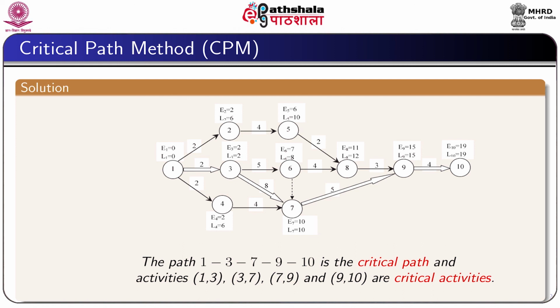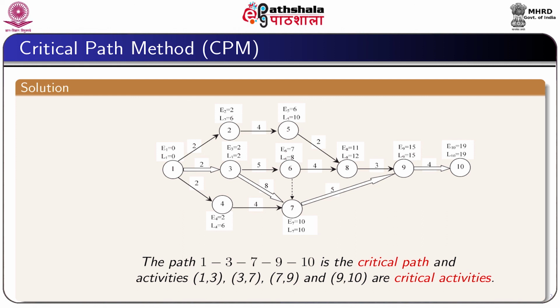When we put these results in the network diagram, we see that for the path 1, 3, 7, 9, 10, Ei is equal to Li, that means the earliest occurrence time and latest occurrence times are the same.